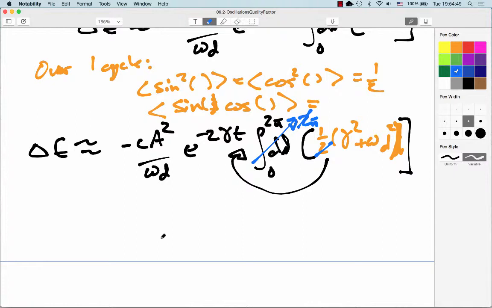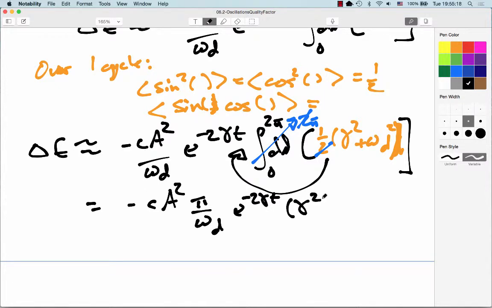And I will be left with minus CA squared times pi over omega d e to the minus 2 gamma t times gamma squared plus omega d squared, which we recognize is omega naught squared there.